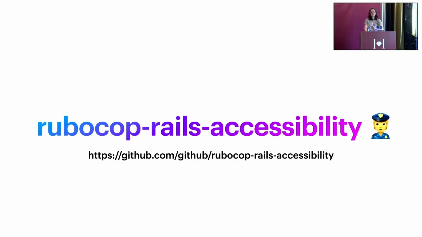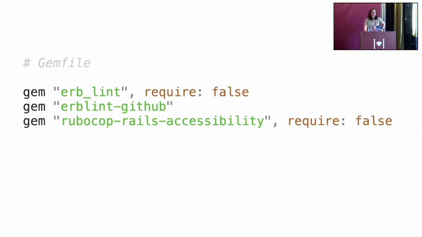So let's go quickly through how you set it up and how it looks when you have it running. Ruby Events already had ERB lint, so I just added these 2 libraries. If you don't have ERB lint, maybe you should add it. I'll extend on that later.